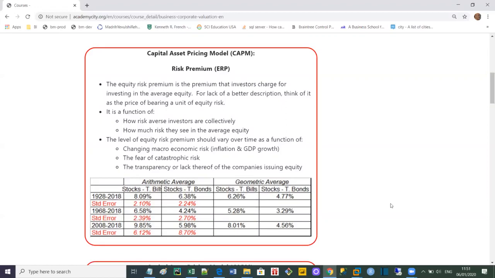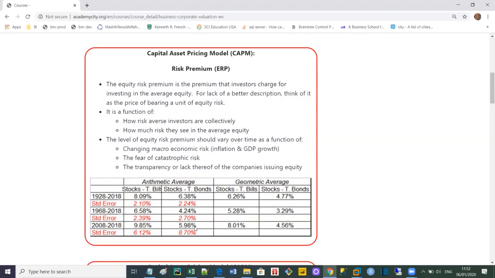If we do it for every year and take the average, from 1928 to 2018, the average is 6.38. If we take a shorter period, from 1968 to 2018, it's 4.24. And if we take the last 10 years, it's about 6%.